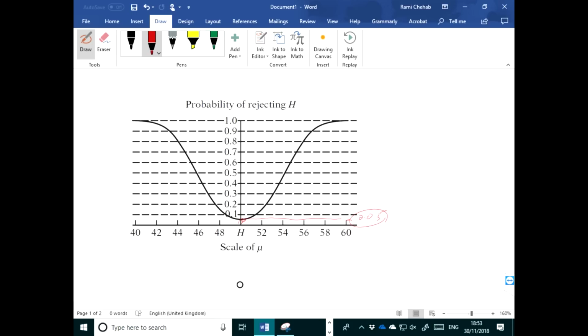However, what we can see is that when the true value of mu, which is the population mean, differs substantially from the hypothesis under consideration, the probability of rejecting the hypothesis is high, but when the true value is not very different from the value given under the null hypothesis, which is 50, we can see that the probability of rejection is small.